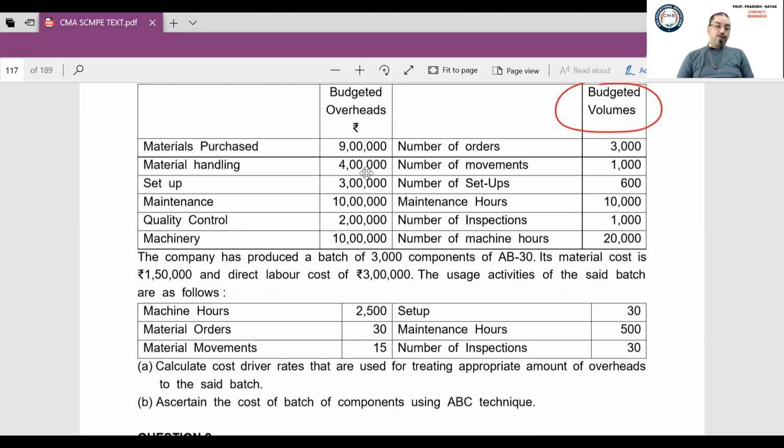Every activity-based costing problem will normally start with calculation of cost driver rates. Second, ascertain the cost of the batch of components using the ABC technique. Simple problem, purely based on activity-based costing, nothing else. Let us see how to solve.